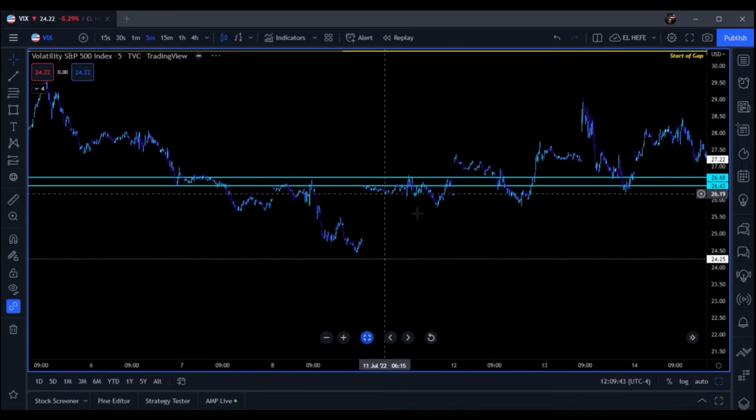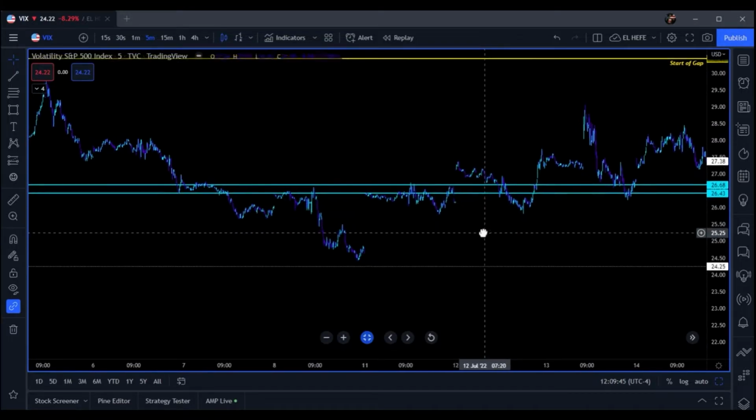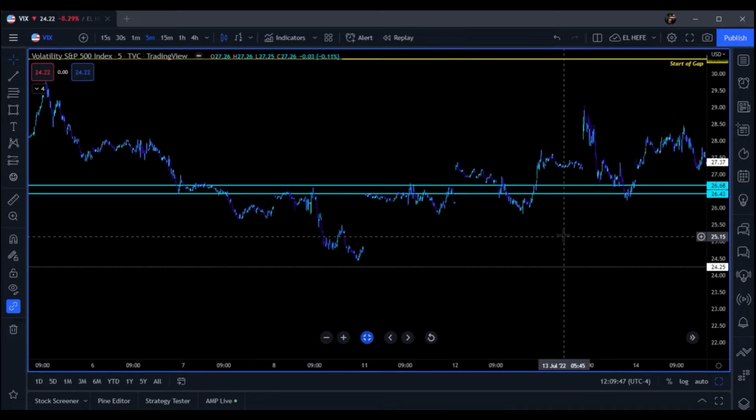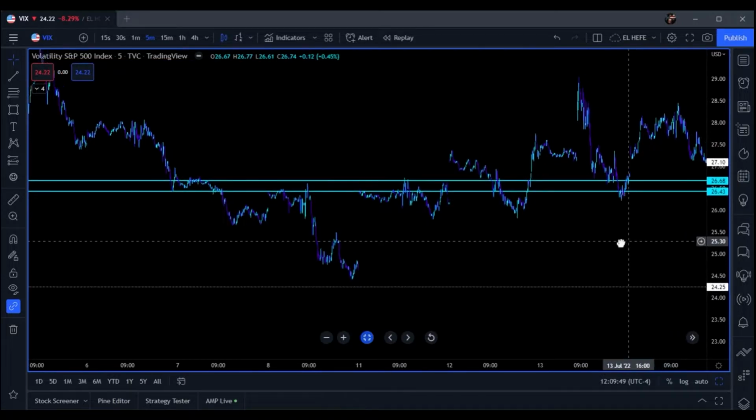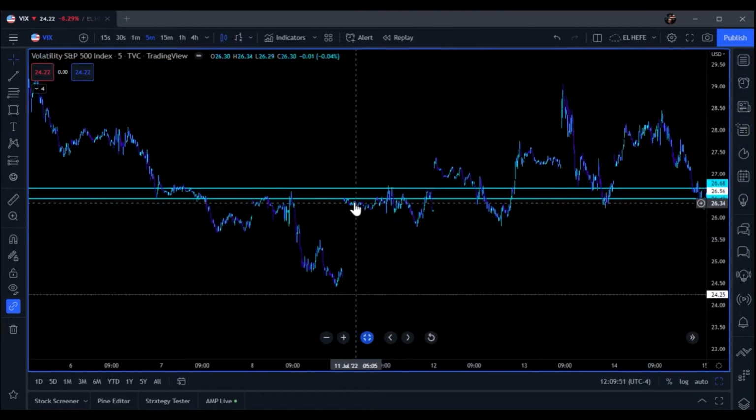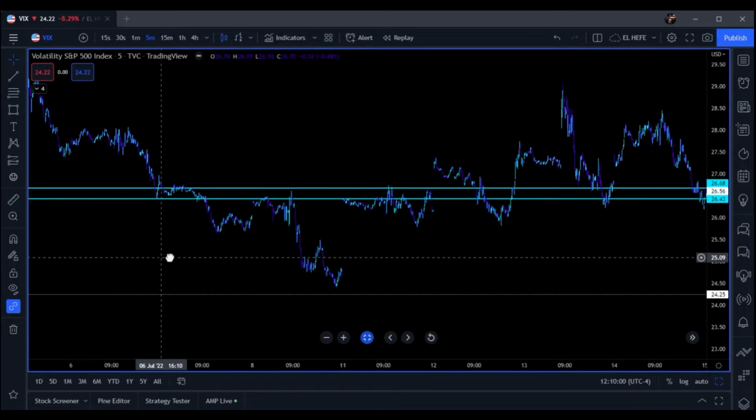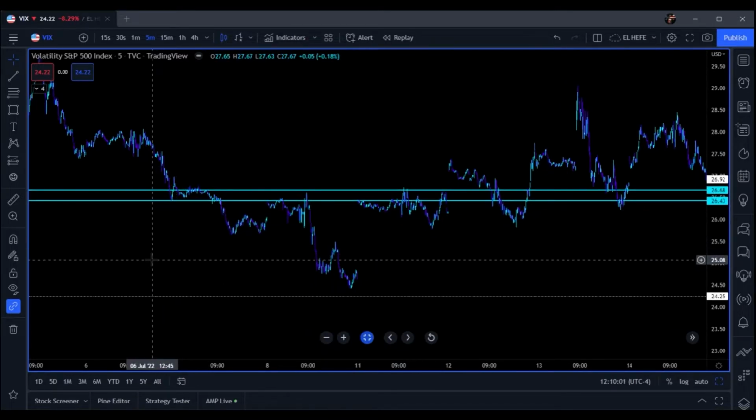But what this VIX does is allow you to utilize the opportunity that comes. You know ahead of it where opportunity is, and it puts your risk in check. If it doesn't correspond with whatever strategy you use on the NQ or ES chart, then there was no opportunity there.